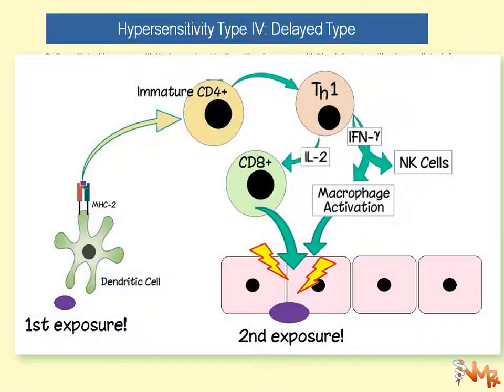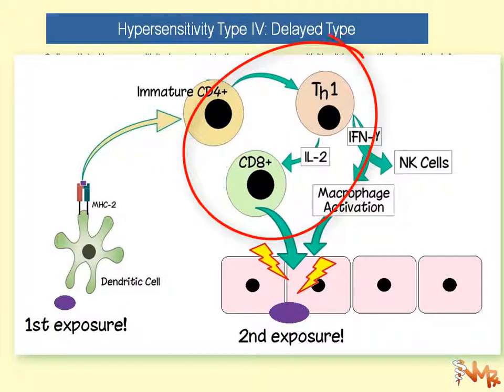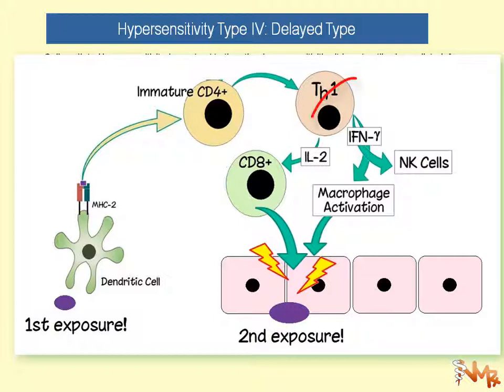Let's look at the immunopathology of the delayed type. Exposure to sensitizing antigens induces memory T lymphocytes. Sensitized T lymphocytes now release cytokines, including interferon gamma, after antigenic encounter.